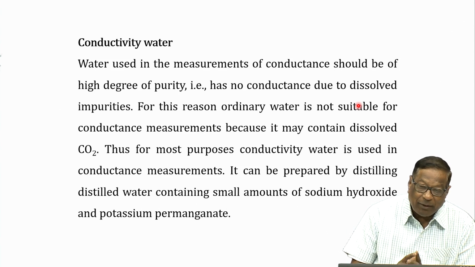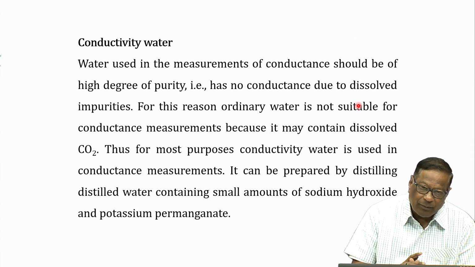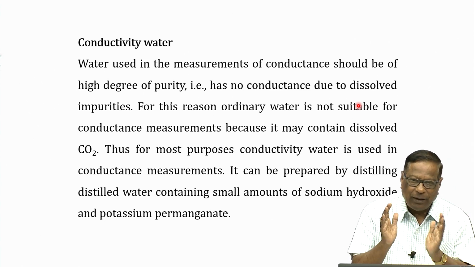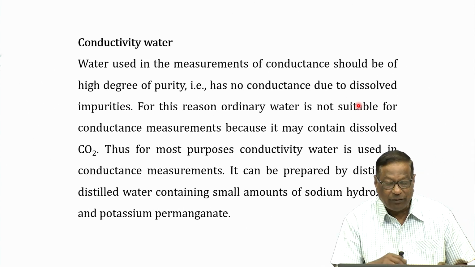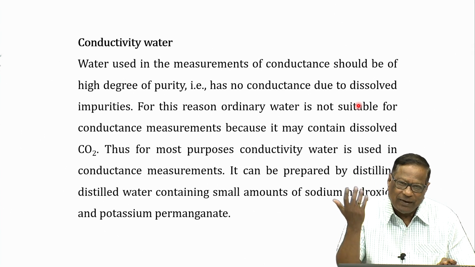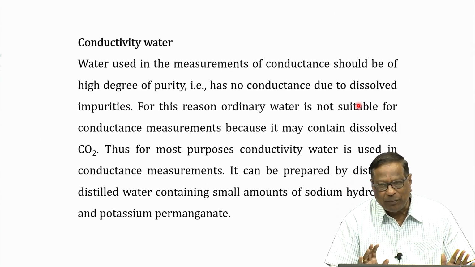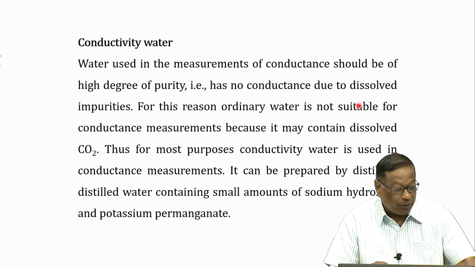It can be prepared by distilling water containing small amounts of sodium hydroxide and potassium permanganate. You take water, add a little bit of potassium permanganate, a drop of sodium hydroxide, distill it, whatever you collect would be approximately conductivity water.